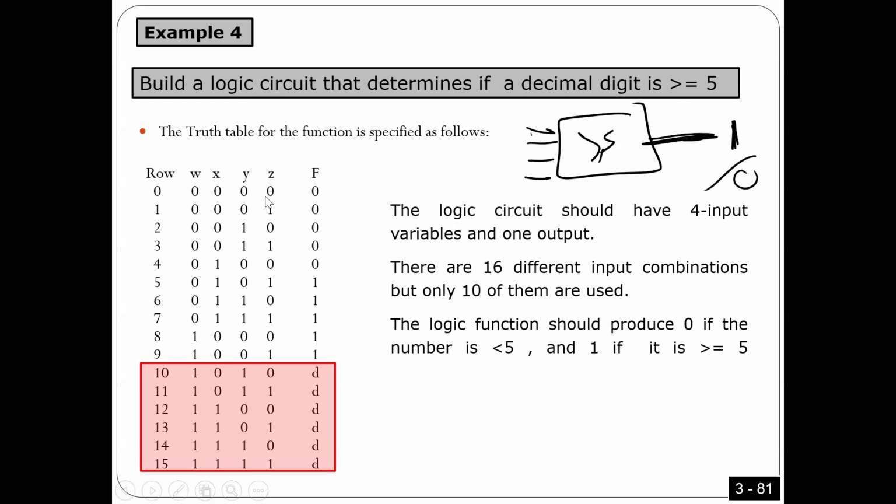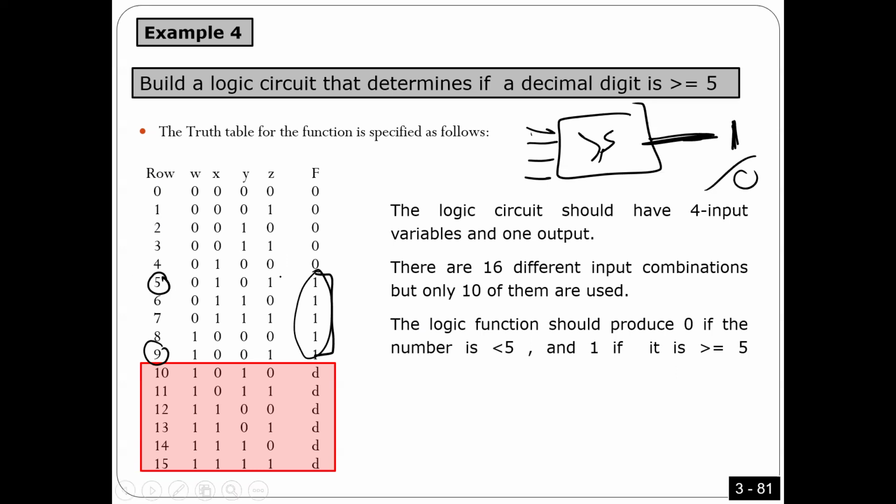So for the truth table, when the input is 0, the output has to be 0. Okay. And the input here is 1. And the output is 0 until 4 it is 0. But when the input is greater than or equal to 5, the output has to be 1.